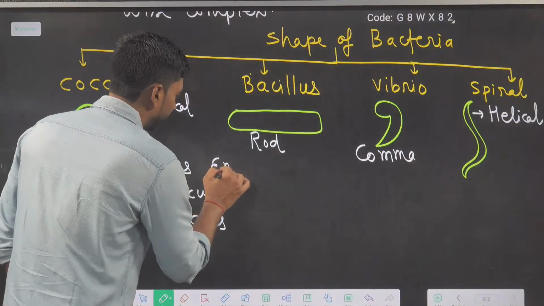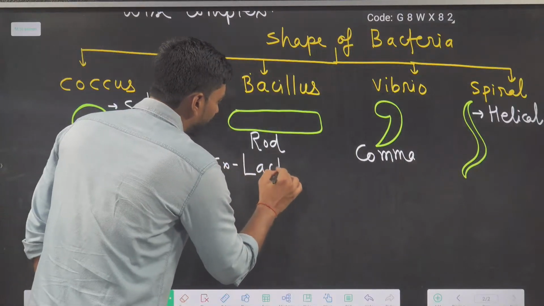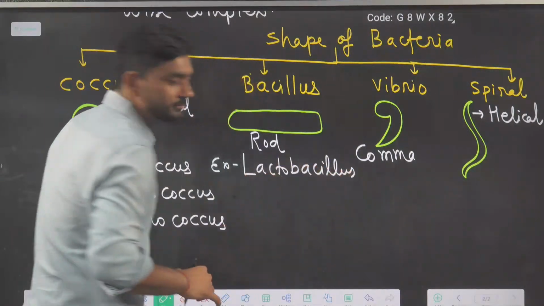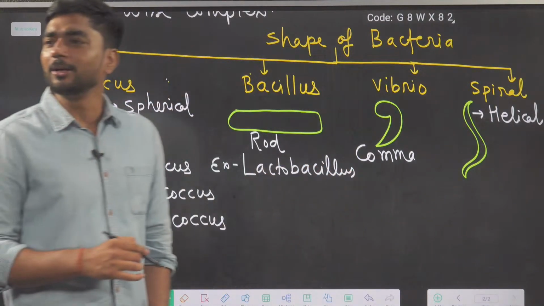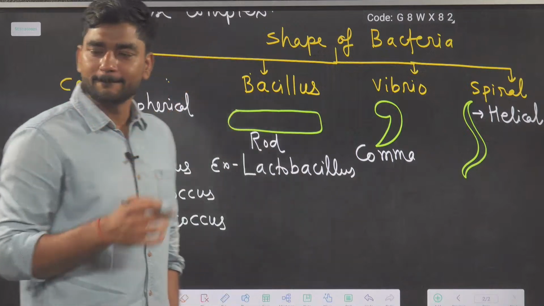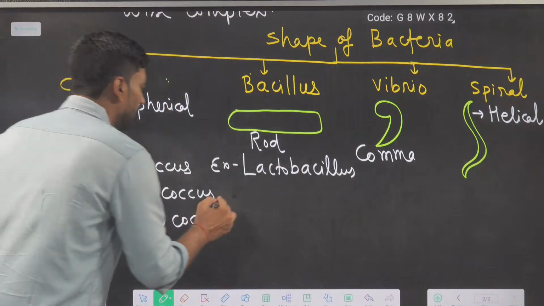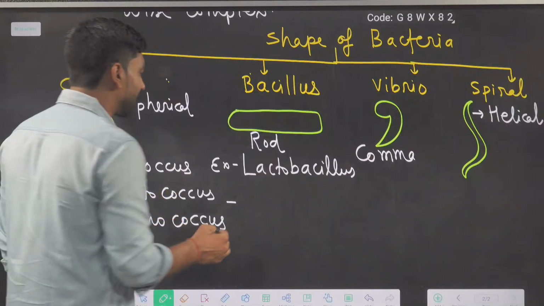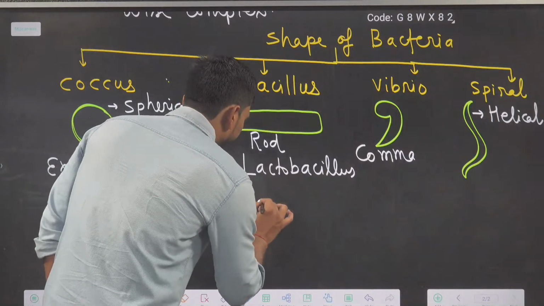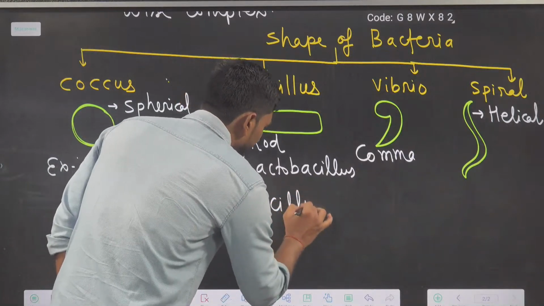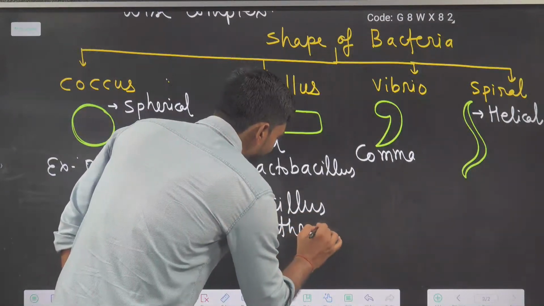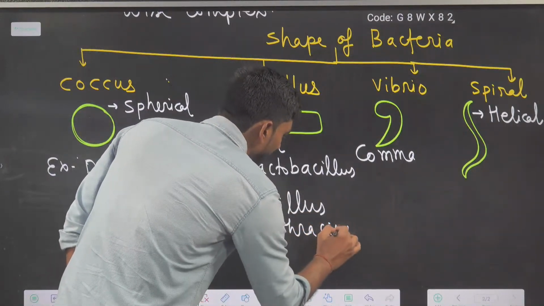Lactobacillus converts Palu into Pergu, right? These are the names I know. Same as this, anthrax, like Bacillus anthracis.